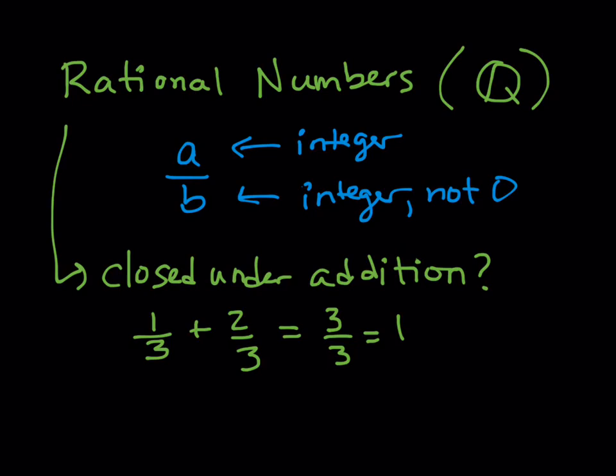I want to try a few other examples just to see if I can come up with anything a little bit different. So perhaps we want to try a negative here, like -7/5 plus 2/5. Maybe we'll do 3/5.